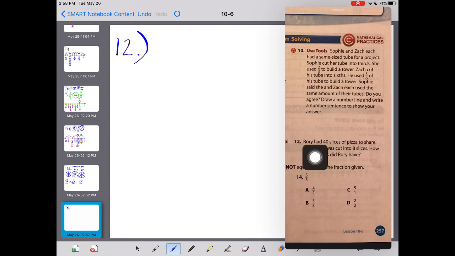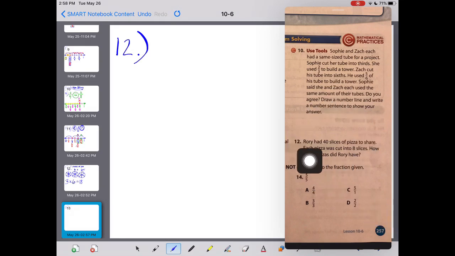All right. Rory had a total of 40 slices of pizza to share. So we know he had 40. Each pizza was cut into 8 slices. Okay. How many pizzas did Rory have?